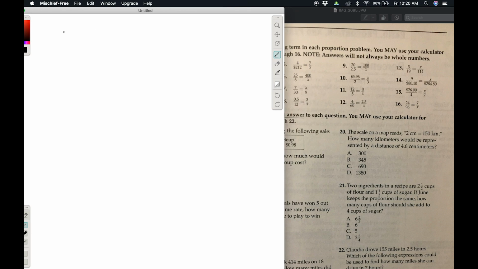Number 11 is 12 over 5 equals 3 over x. Multiply diagonally. 5 times 3 is 18.